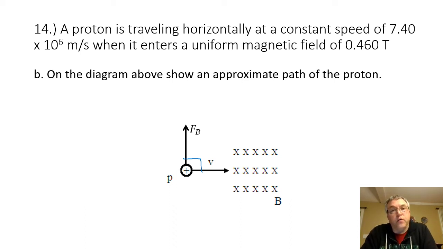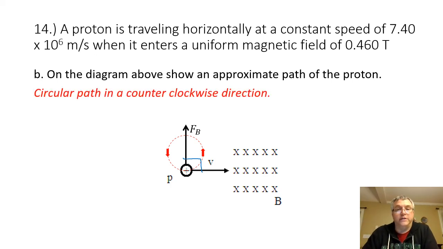And centripetal forces cause things to move in a circular path. So while the proton is moving in the positive x direction, if my force is to the north, it's going to want to cause the proton to move in a counterclockwise direction because it is a centripetal force.